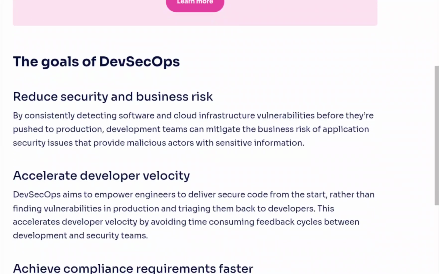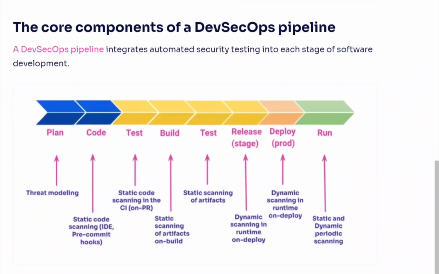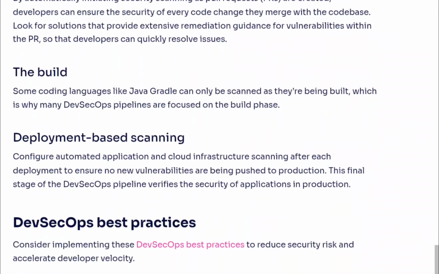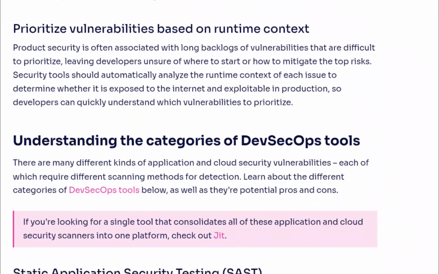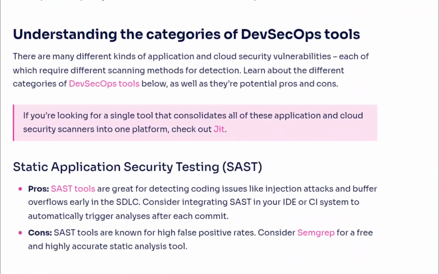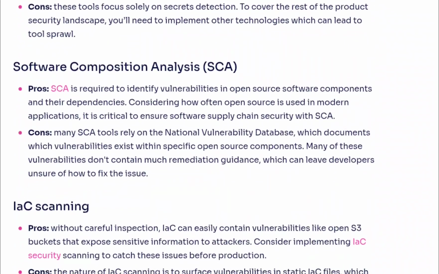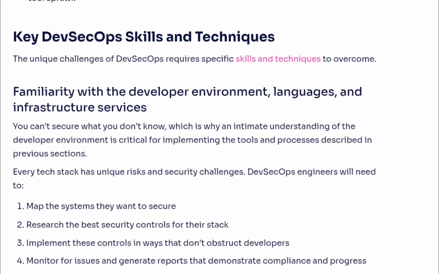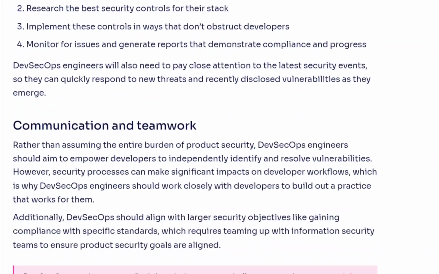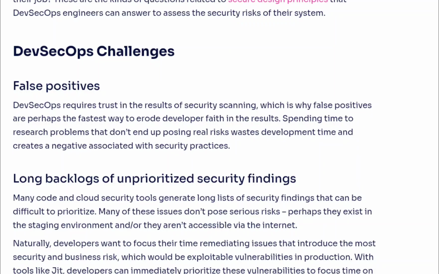The goals of DevSecOps, what exactly it achieves from a business perspective, and some core components in the DevSecOps pipeline, and what are some best practices to follow while establishing or achieving the DevSecOps methodology, and understanding the categories of DevSecOps tools, and in those categories different tools will come, and we will also see key DevSecOps skills and techniques to follow, and finally we are also going to see some DevSecOps challenges as well.